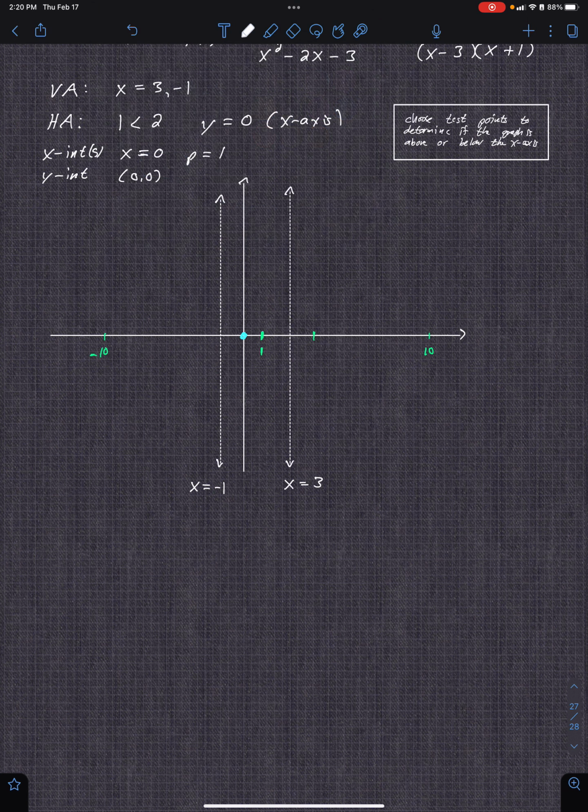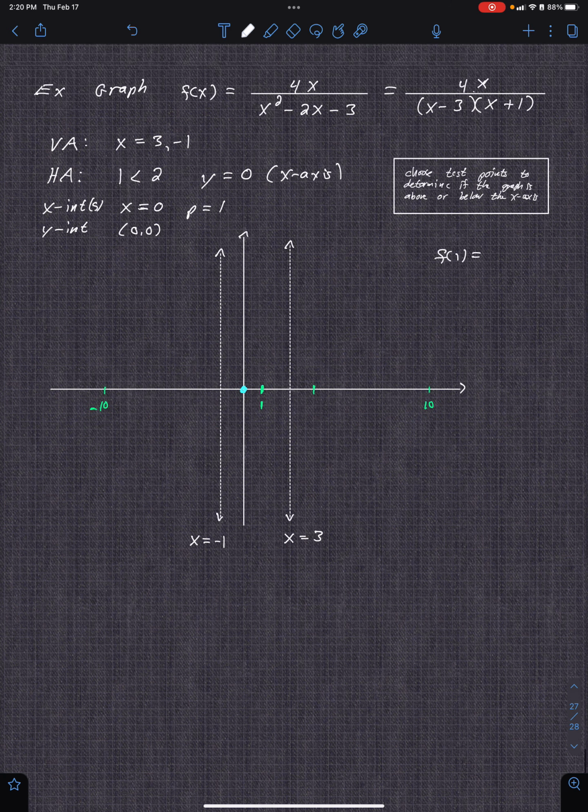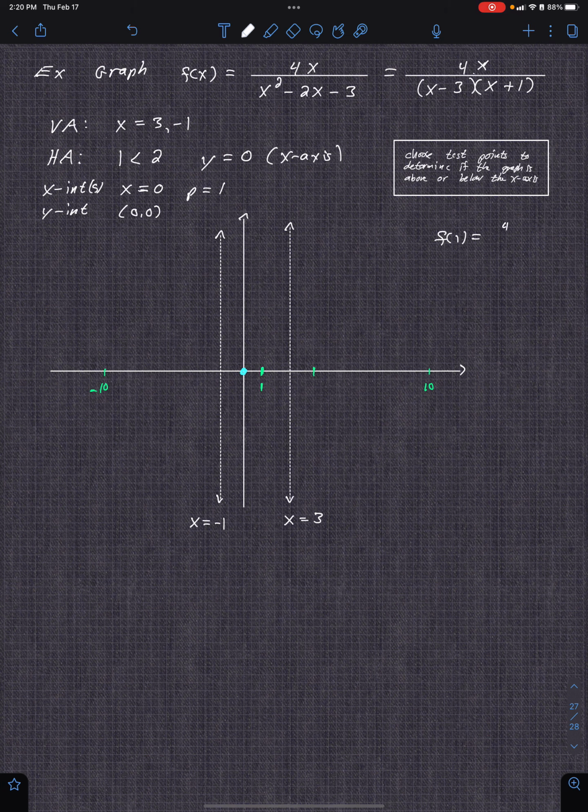And then you evaluate. You say f of 1. And if you do that, where's my function? You get 4 over (1 minus 2) times (1 minus 3), which is negative.